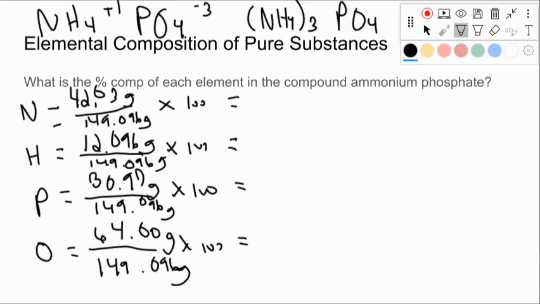So for my first percent, I get 28.19%. The unit of grams cancels whenever I divide. In the second one, I get 8.11%.